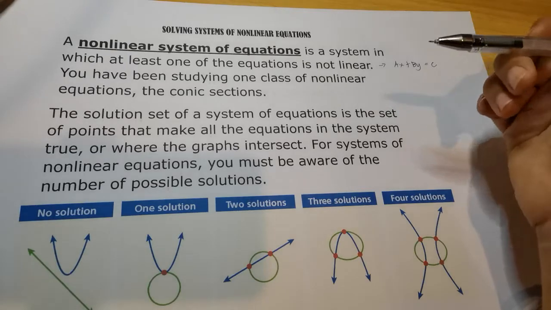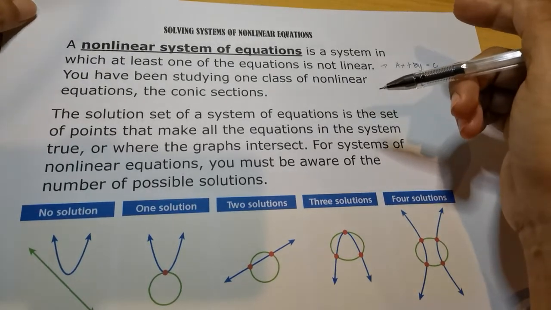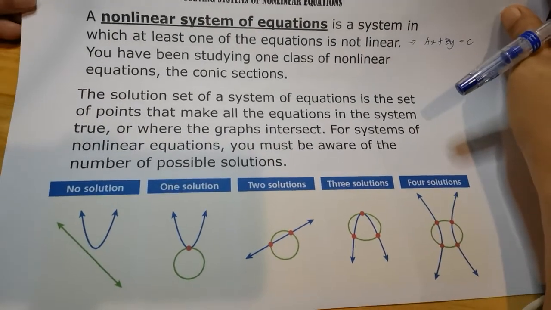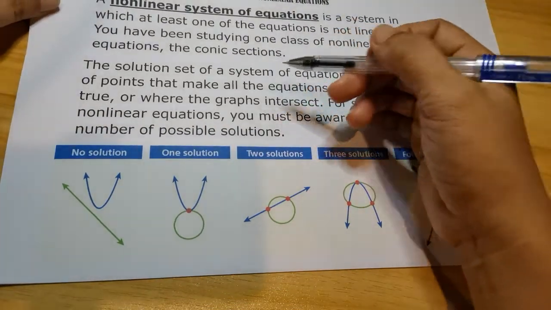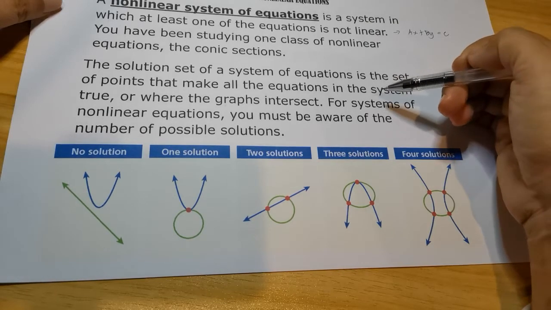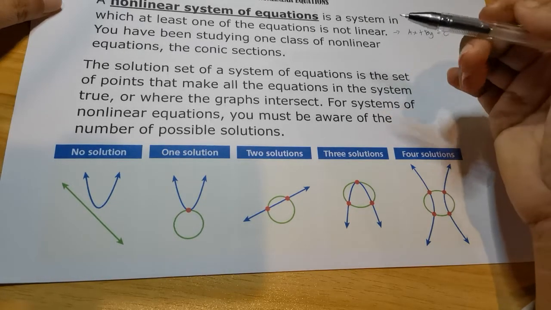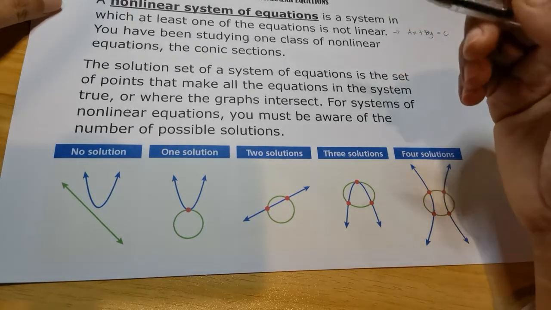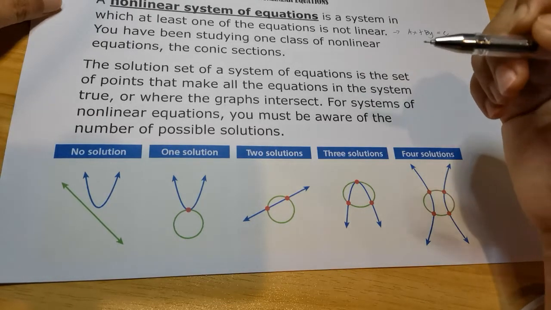If we say system, we are dealing with more than one equation. For now we are only going to deal with two equations at the same time. The solution set of a system of equations is the set of points that make all the equations in the system true, meaning the coordinates of points which satisfy both of our equations.